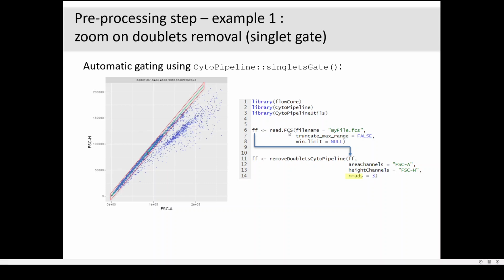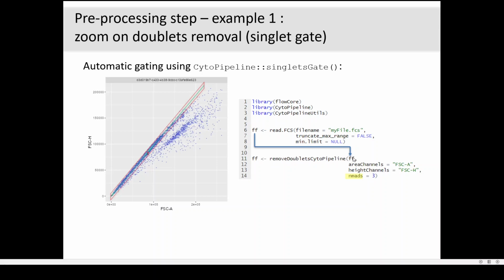So first calling the function read.FCS from the flowCore package, which basically reads the sample file from the disk. Store that into a variable which is flow frame. Flow frame is a typical structure we use for flow cytometry data representation. And then pass this flow frame as input into a function, our method, which basically implements the algorithm I've just explained before. So, and in this case, this is a function I called removeDoubletsCytoPipeline.